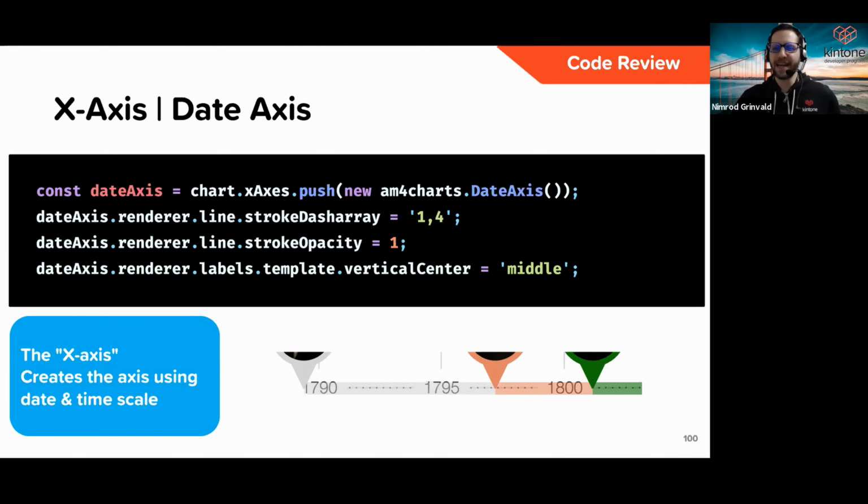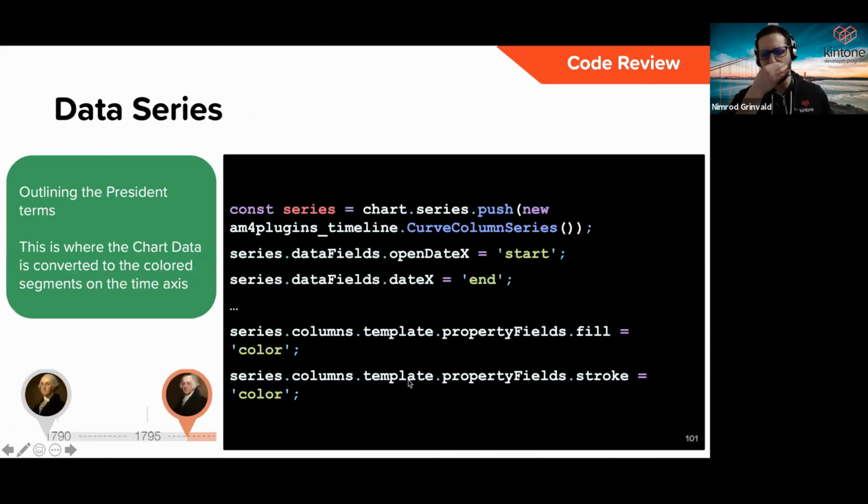Okay, line 76, date axis. This is the actual x-axis that lays out the year. We set the text to be in the center of the line. We made it a dash line. And so that's what these parameters alter. And then we want to handle the start and end dates, like the gray segment that showcases the delta between the start date and the end date, the time between the start date and the end date.